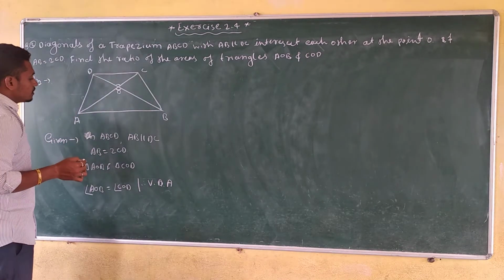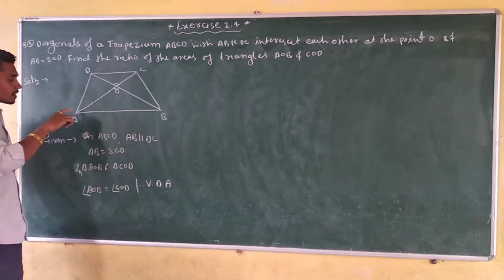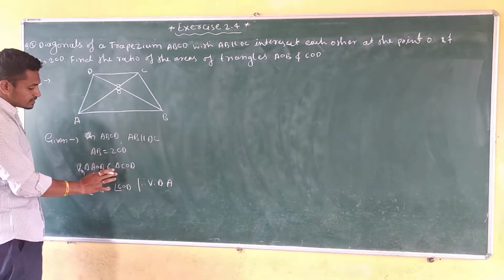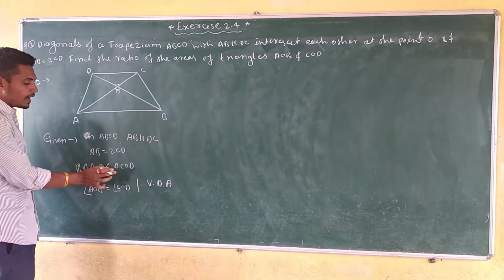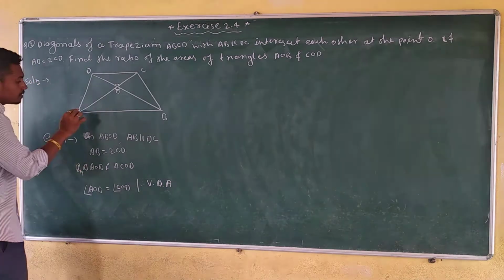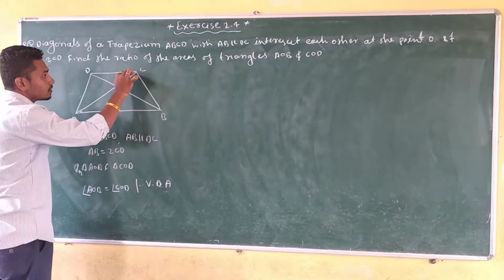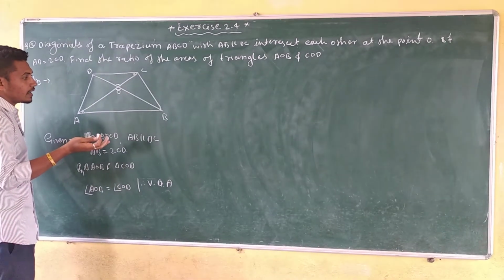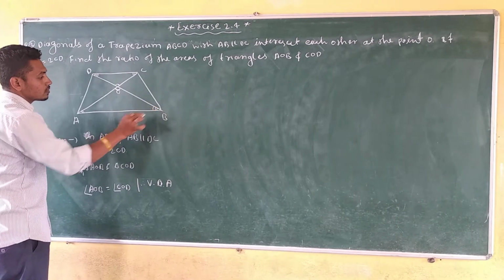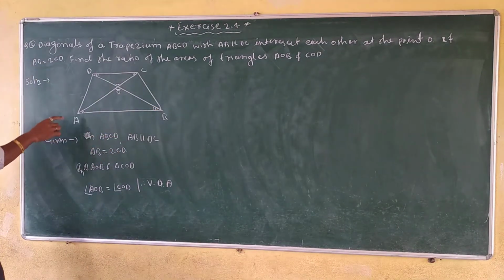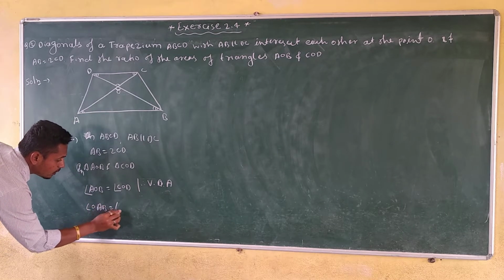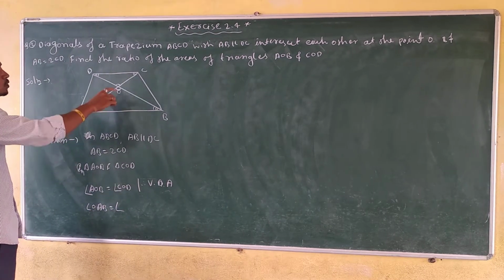Next, another angle we have to prove equal. Then we can say that triangle AOB and triangle COD are similar to each other. See this angle, or you can take another angle. So angle OAB is equal to angle OCD.